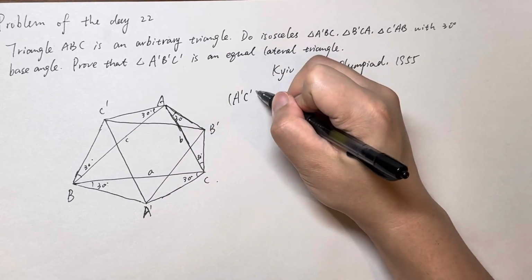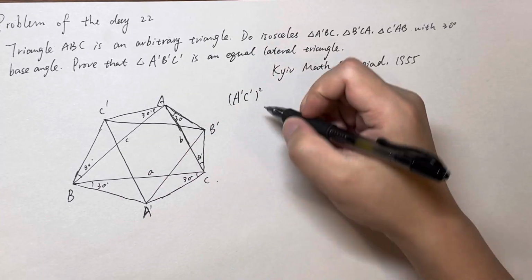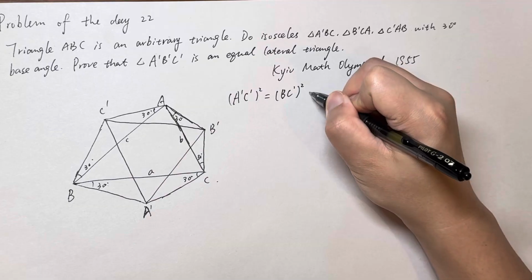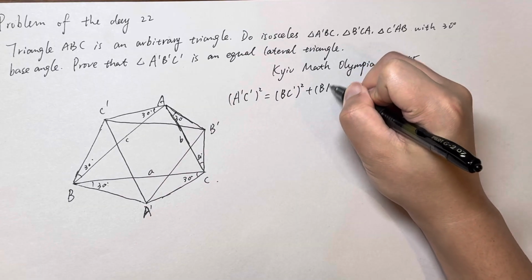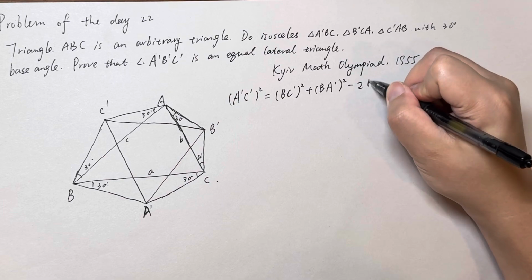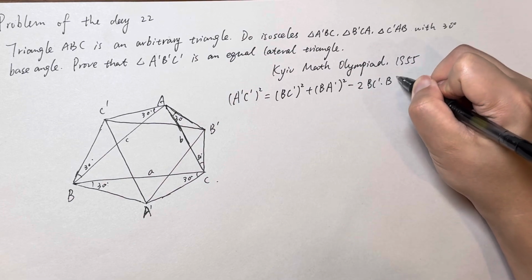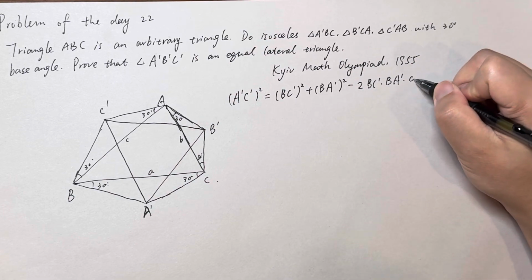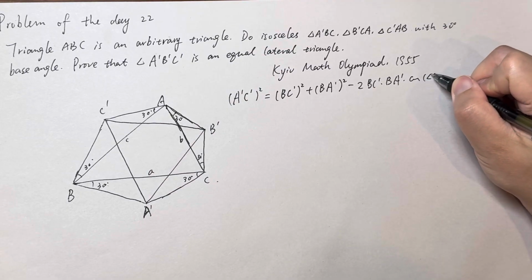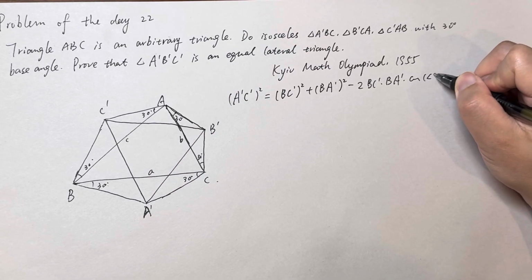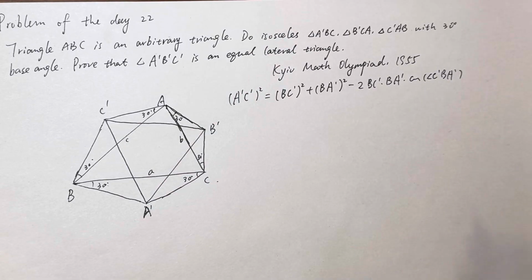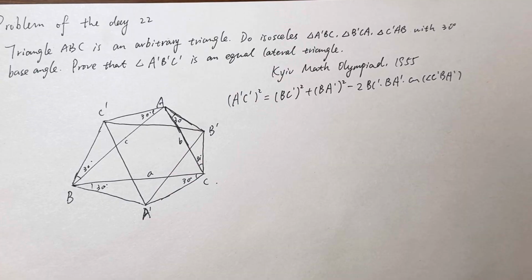So we can calculate A prime C prime squared. It equals BC prime squared plus BA prime squared minus twice BC prime times BA prime times cosine of angle C prime BA prime, right?